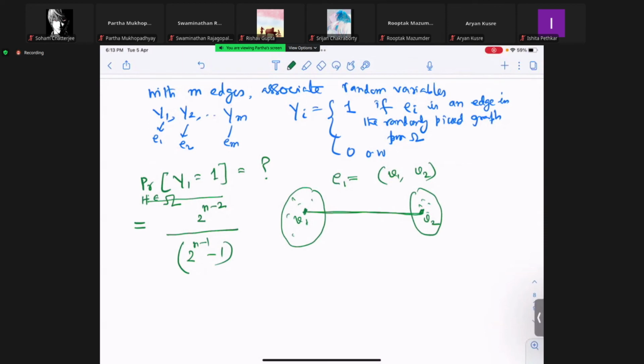So this is 1 by 2 minus, and it's dividing out, which is more than half.